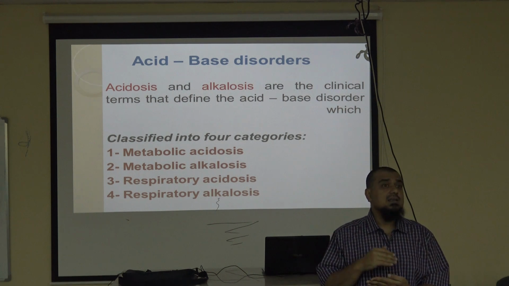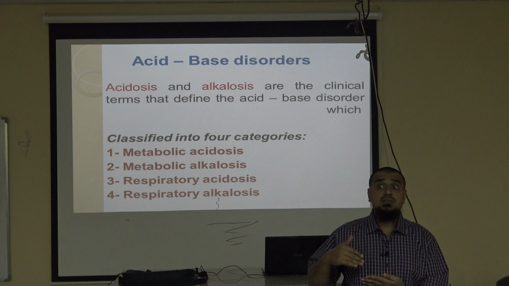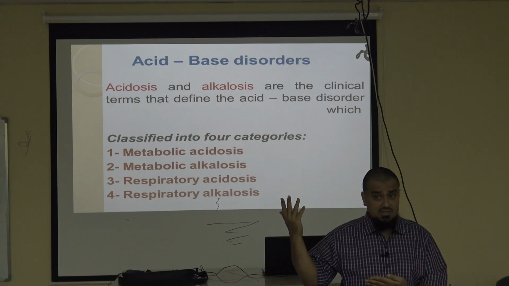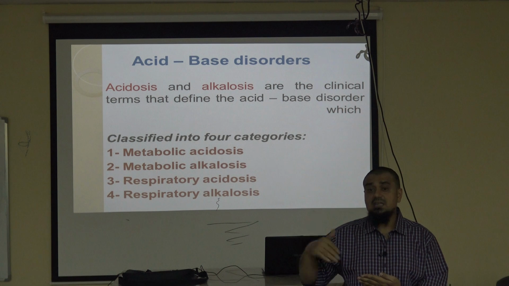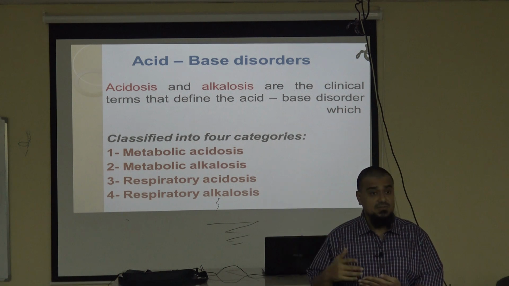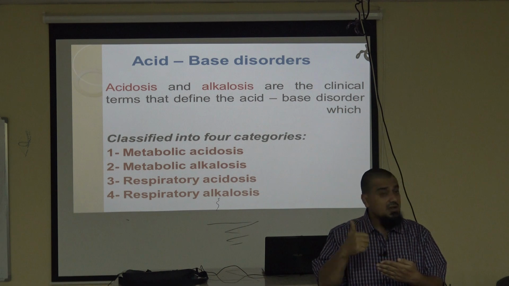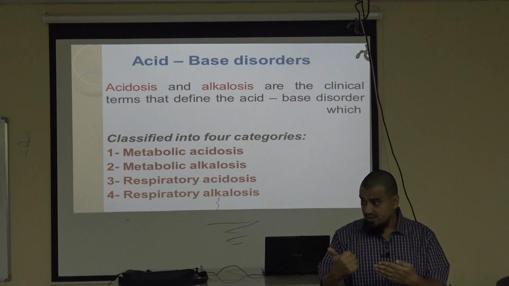If we find that the carbon dioxide value is high, more than normal, the normal value is 45, it is more than 45, it means this change in the pH is due to carbon dioxide. Clear?